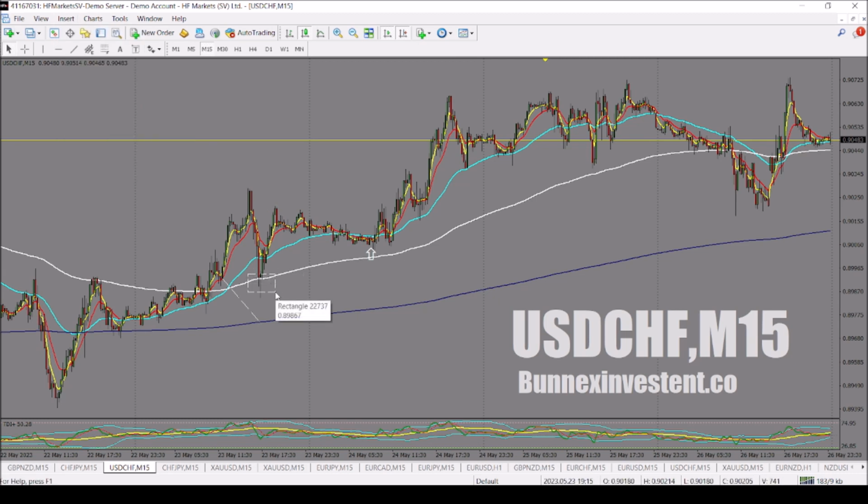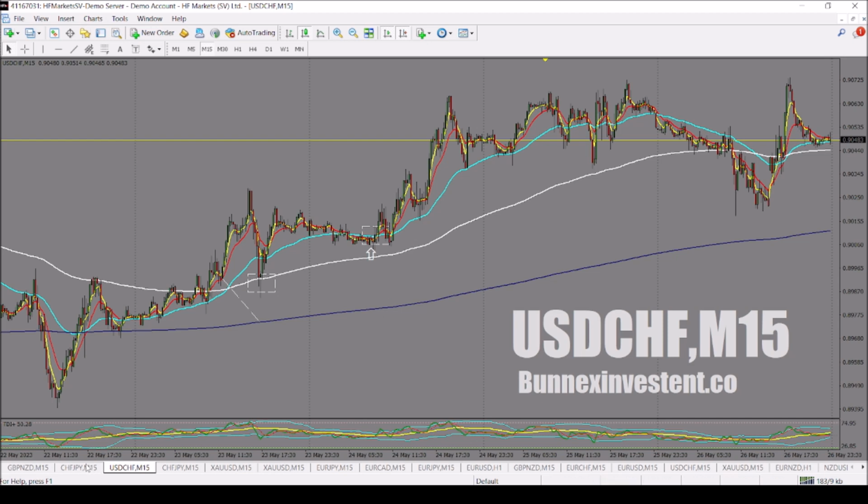So after that retest, what do we see next? We can see that after the 200 EMA retest, we had a pullback to the 50 EMA, and after that pullback, we had a 50-13 EMA cross. My 13 is the one in red, my 50 is the one in blue.